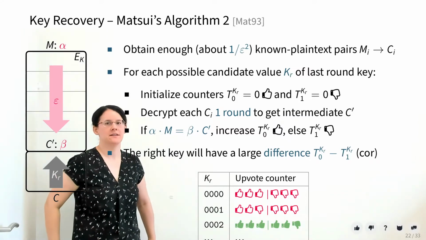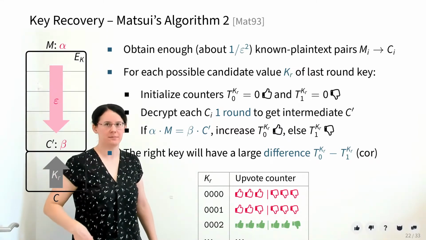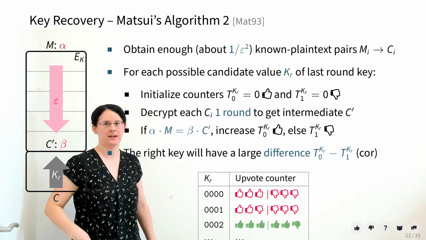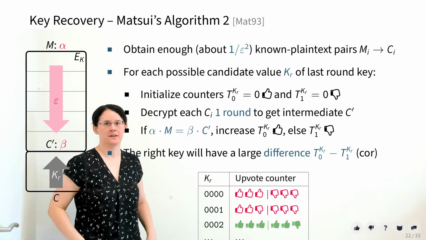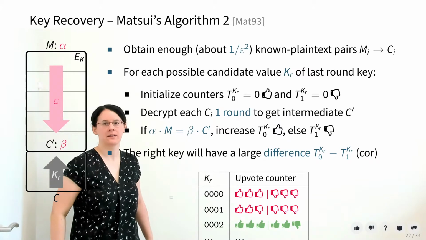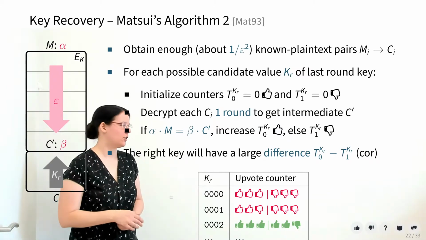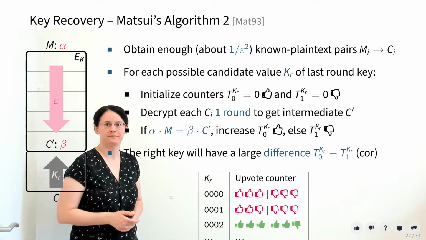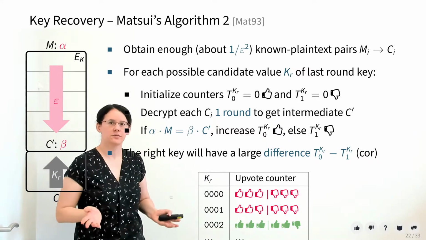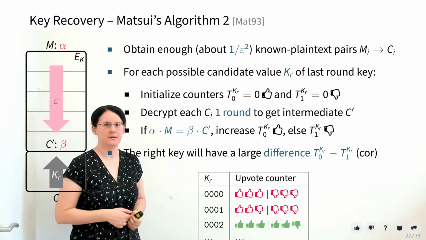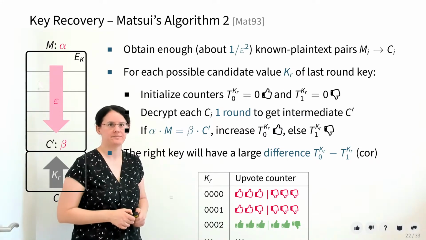So it's not like 1 divided by p in the differential case. Here we actually have a square with respect to this bias here. Okay, so that's the basic algorithm. This is called Matsui's algorithm 2. And it looks for the key which has the highest difference between T0 and T1.